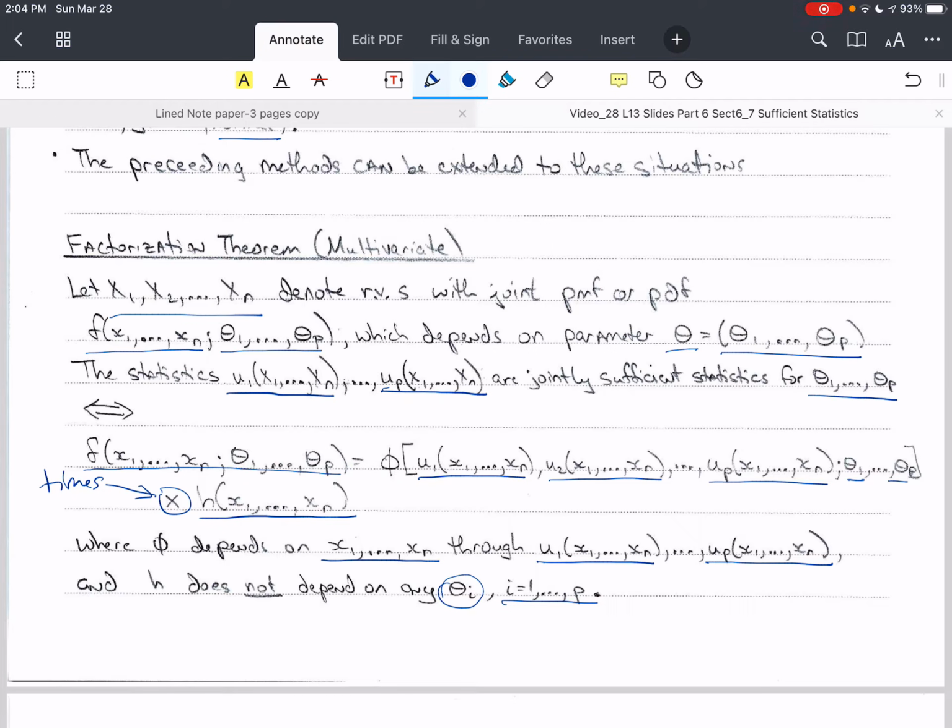Okay, so this is our extension of the factorization theorem.